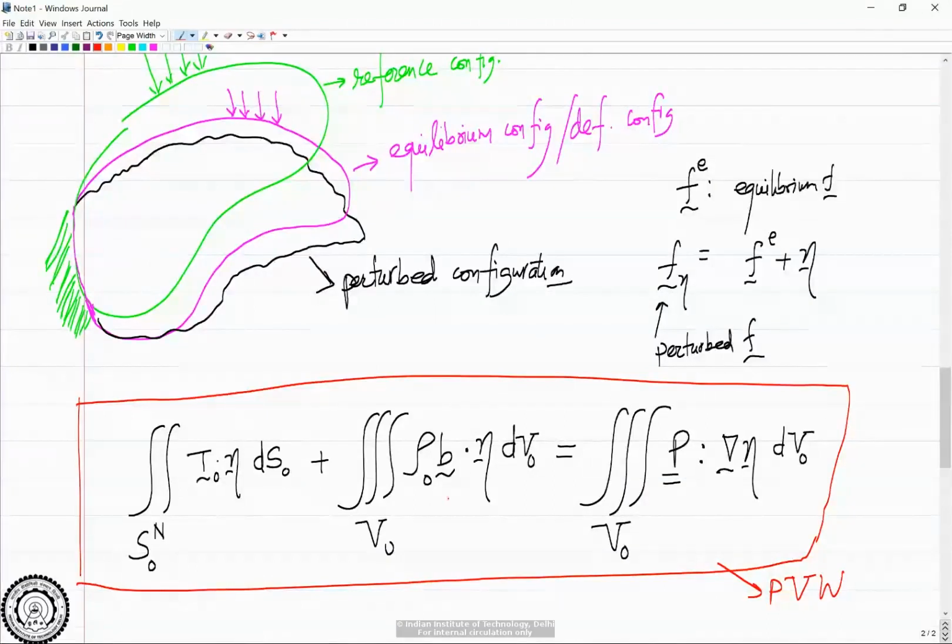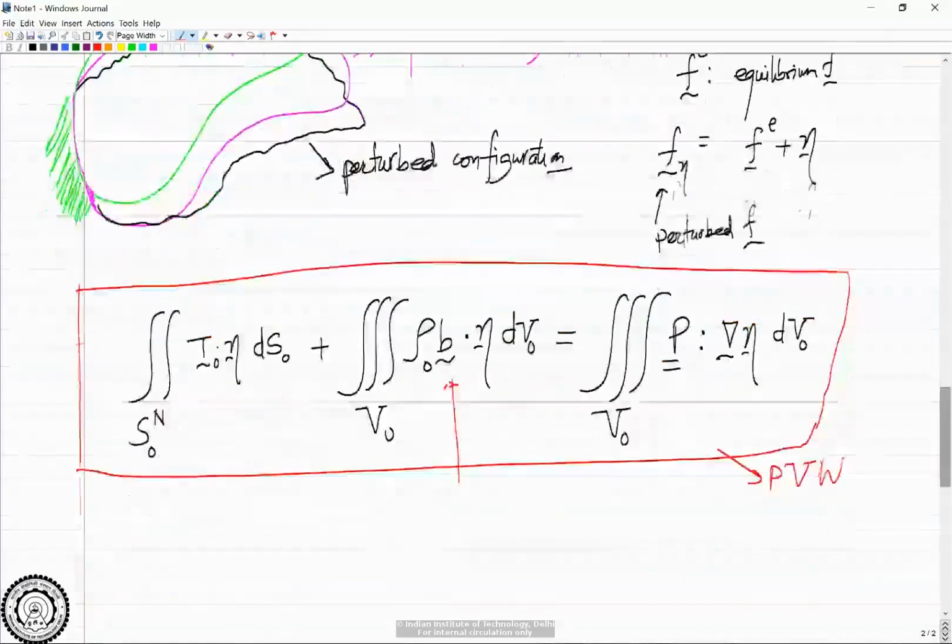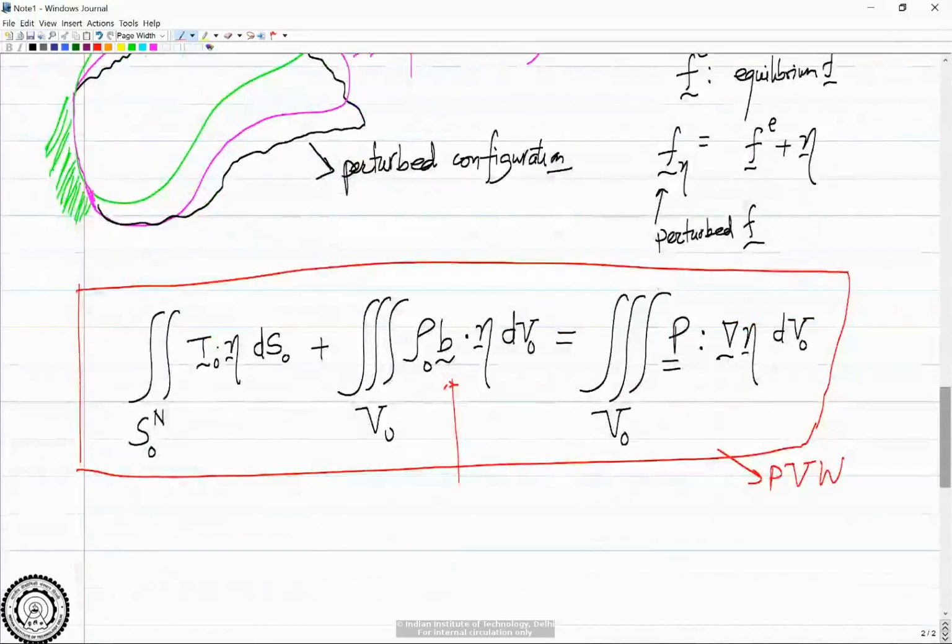Similarly, the second term you can see is the work done by the body force, because the force is rho naught b dv naught, the local force, and the point where that force is acting is getting displaced by eta.